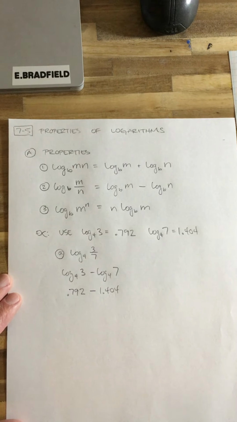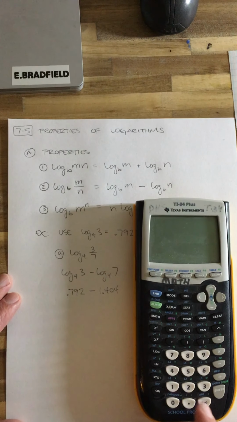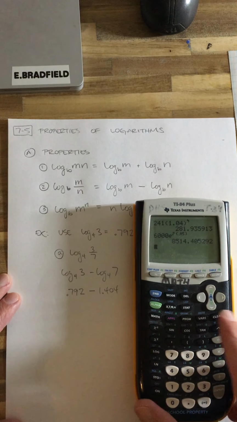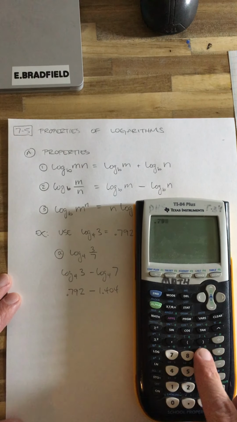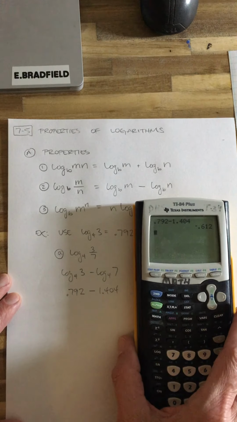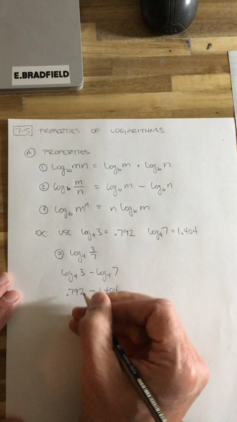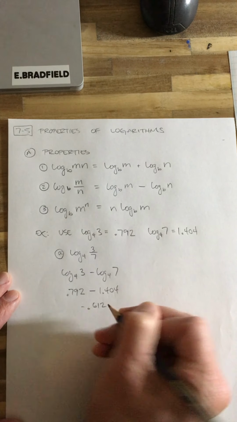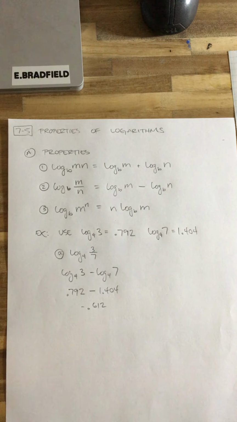Then you can take your calculator: 0.792 minus 1.404 equals negative 0.612. Okay, let's try another one.